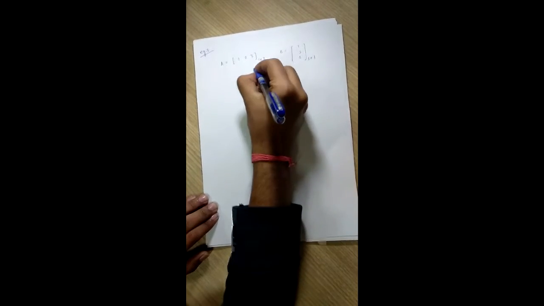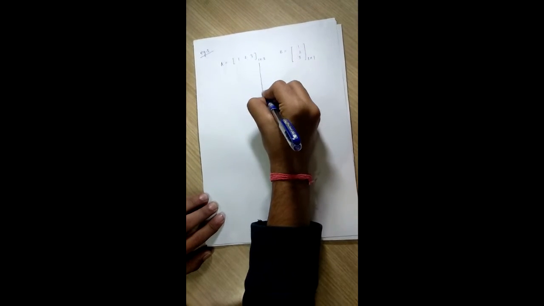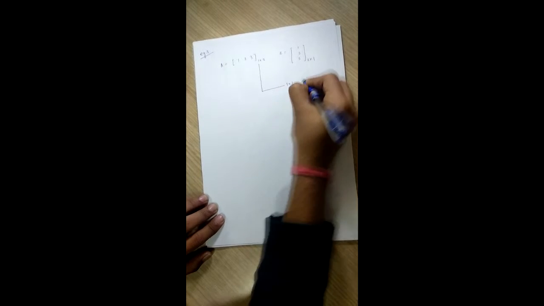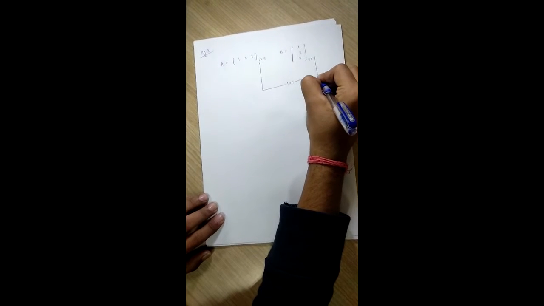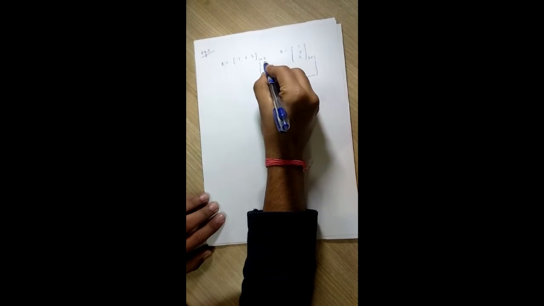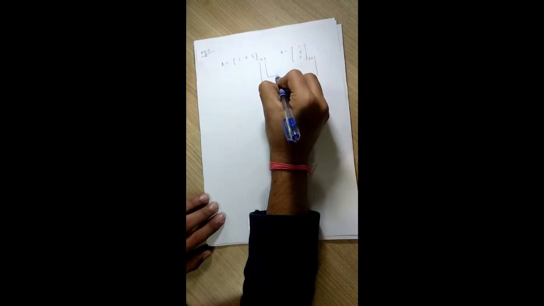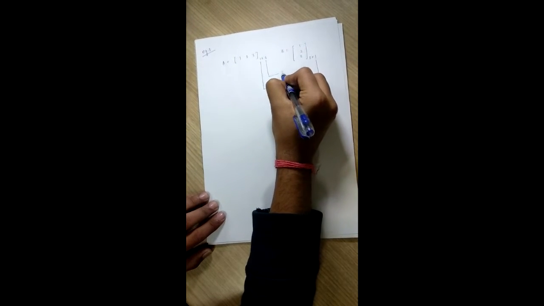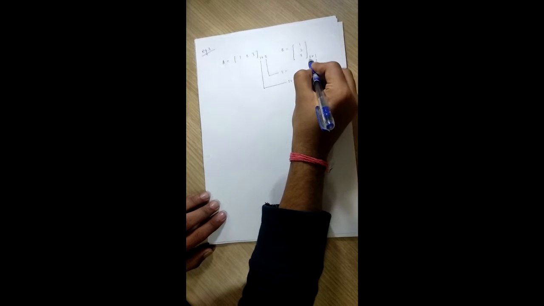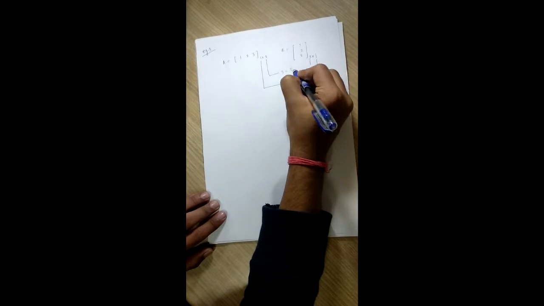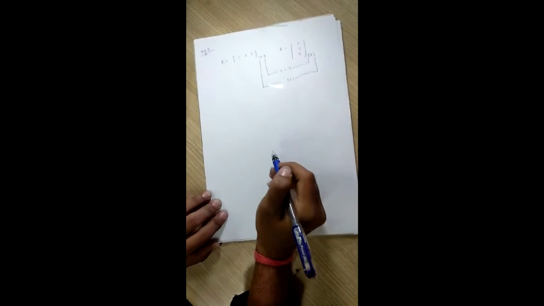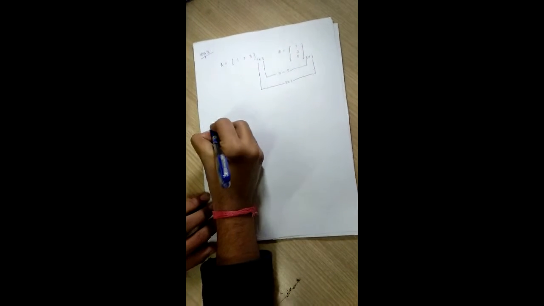Now our resultant matrix will be of the size 1 by 1, as you can see, and our condition is also satisfied, as C2, which is here 3, is equal to R1, which is also 3. So we can move further with the matrix multiplication.